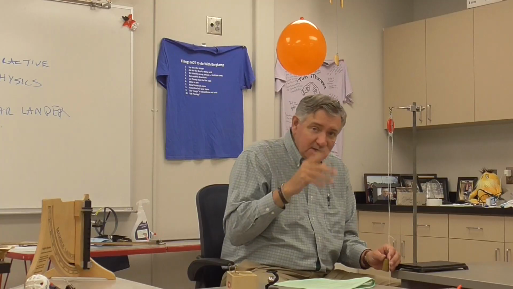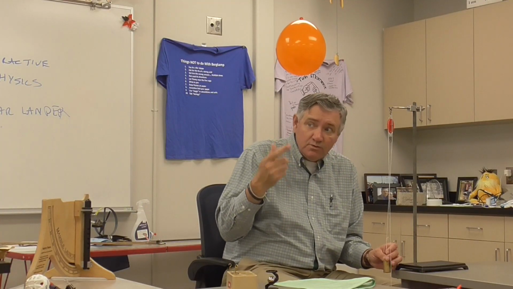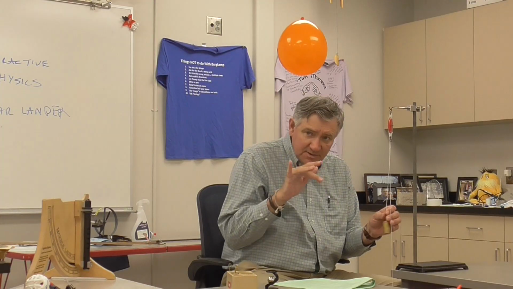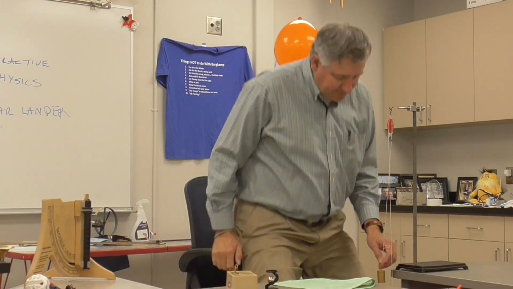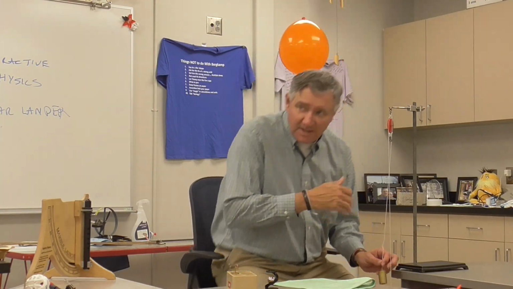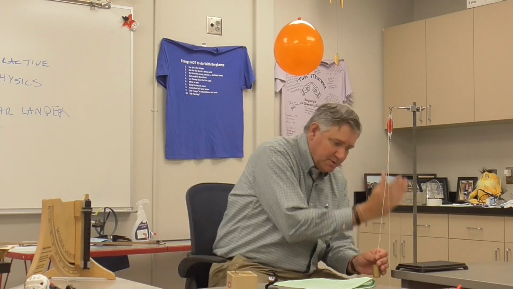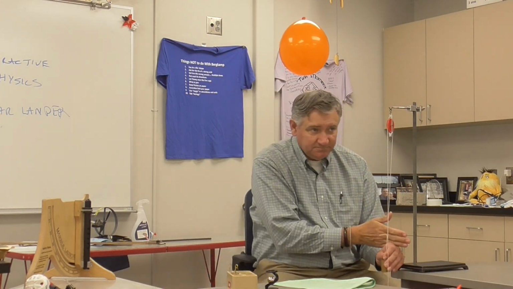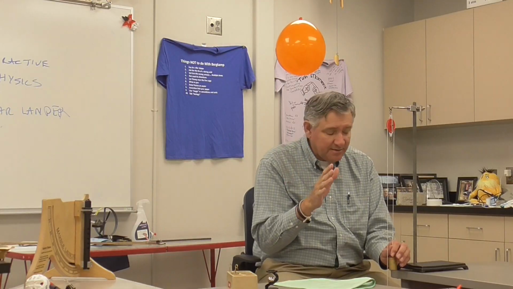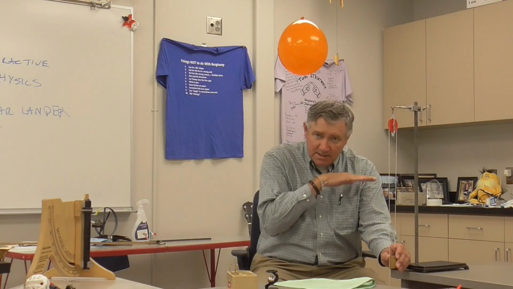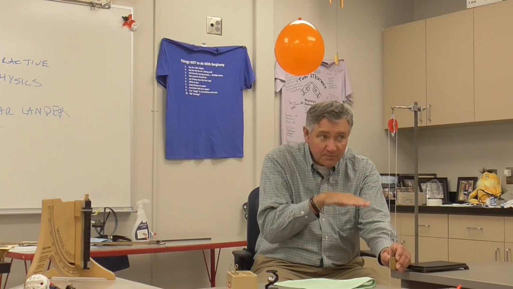Now, this is where it's going to get tricky as far as measuring the time. Don't stand up here and try to guess when it crosses a mark on the meter stick. You need to put a meter stick somewhere, okay? This is what you all have to decide. But if you're going to do the timing, you need to get at eye level where it's going to cross that mark.